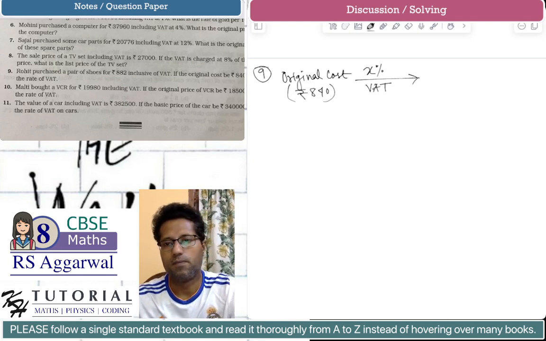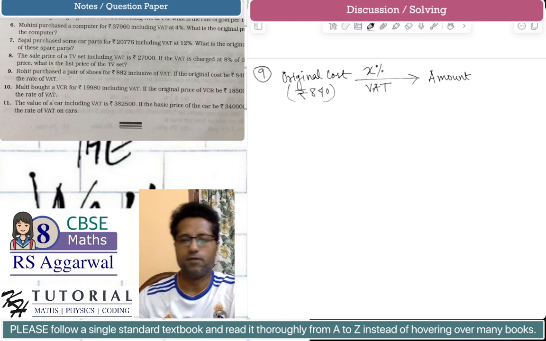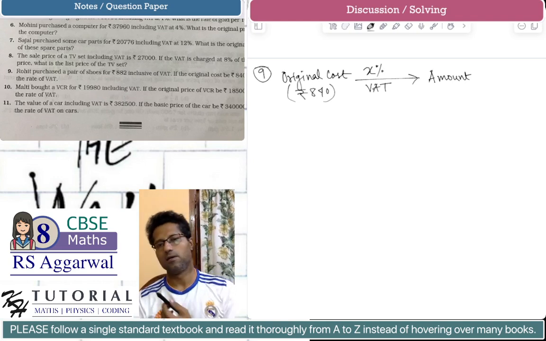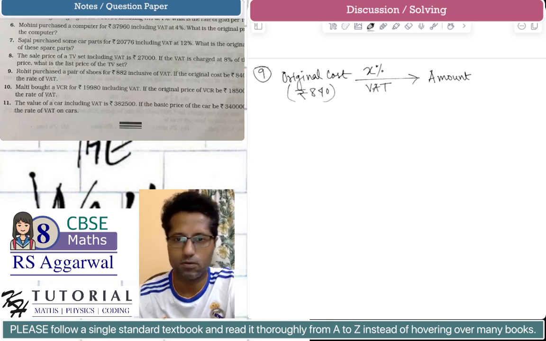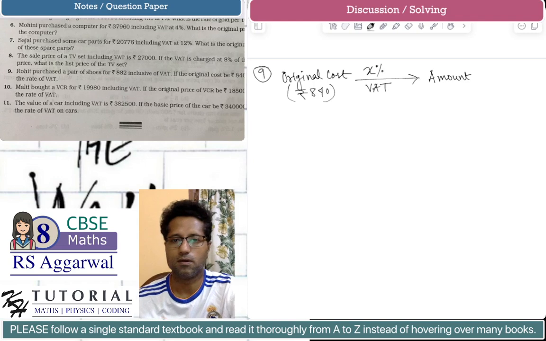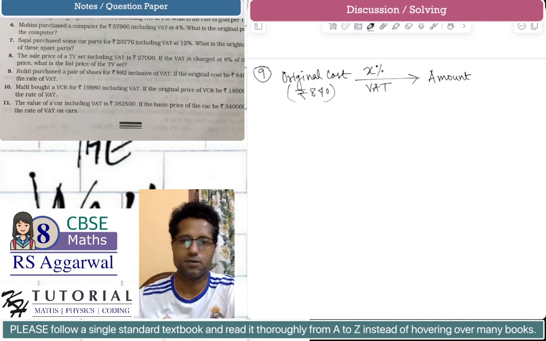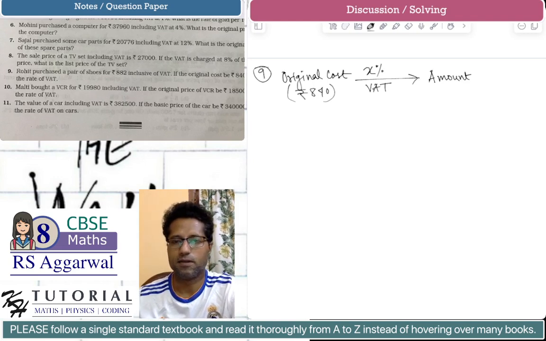cost, amount payable, we can say. So when we are purchasing an article and the VAT is applied on the original cost, then the original cost plus the VAT amount is the purchase amount, or the price at which a customer is purchasing that article.